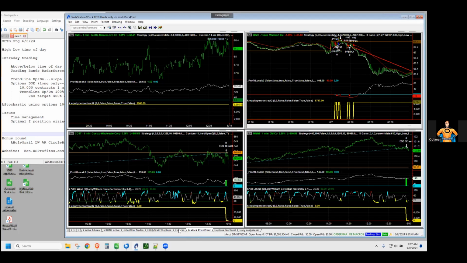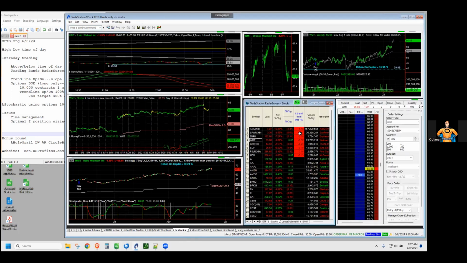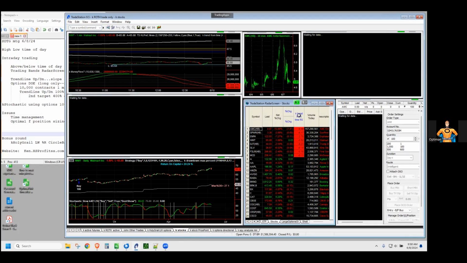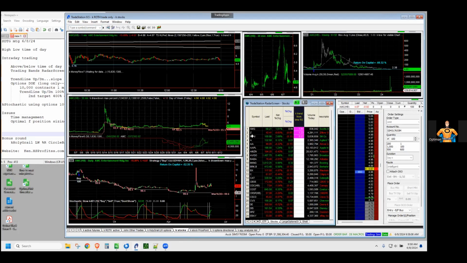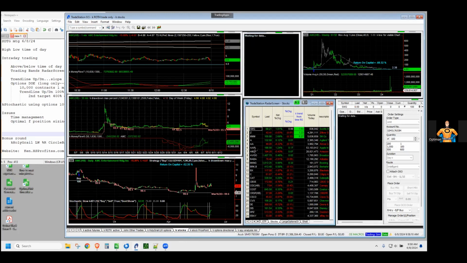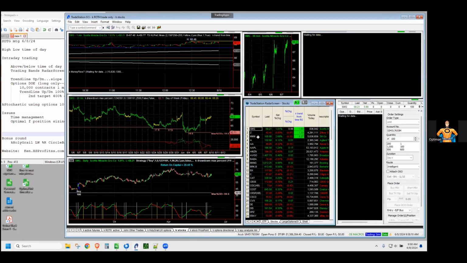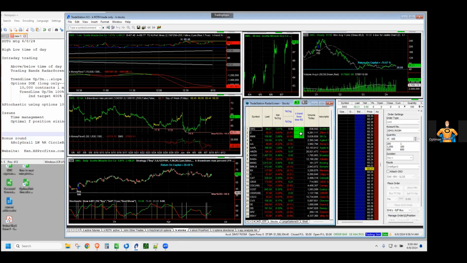So let me go back up here a little bit. Playing to Richard's comments about using radar screen, I created a thing called K-trend. It does a sort, and it tells me if there is a trend going on during the day or early in the day or not. This says SMG was trending, and it was trending up.